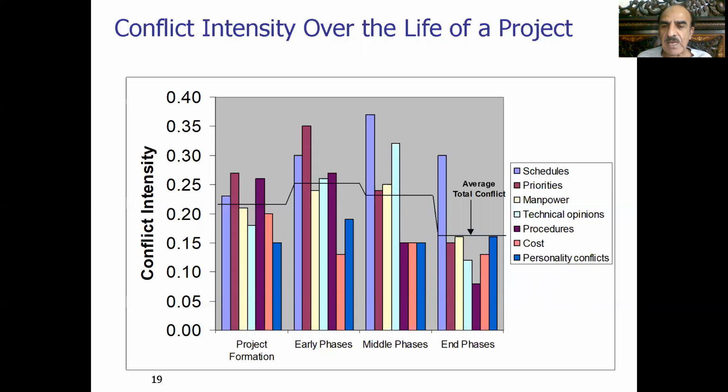And when we go to the last stage, the closing stage or nearly the completion of projects, we again have the major conflict coming from time, followed by manpower issues, particularly skilled labor. So the nature of the conflicts and their intensity changes from one project phase to another.